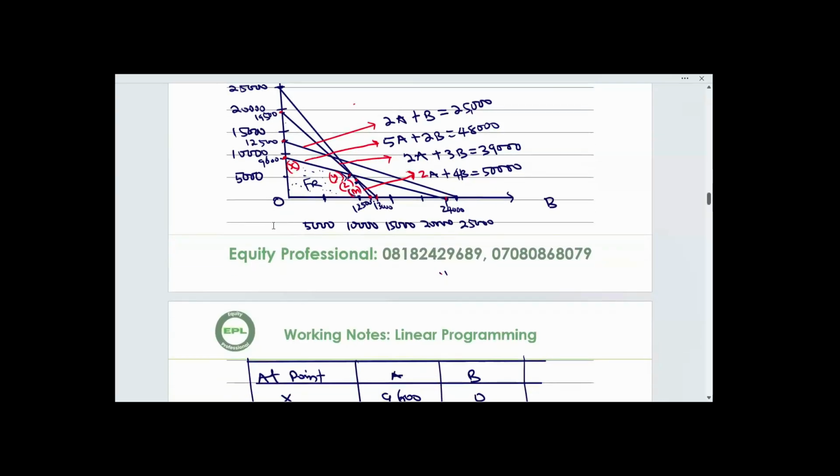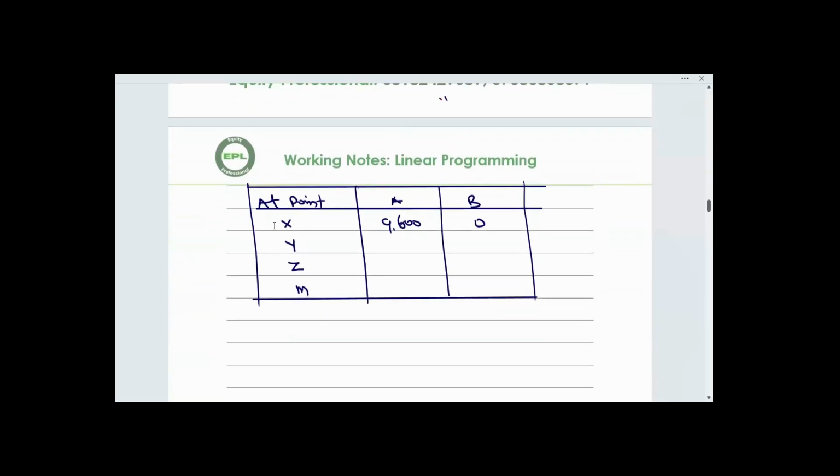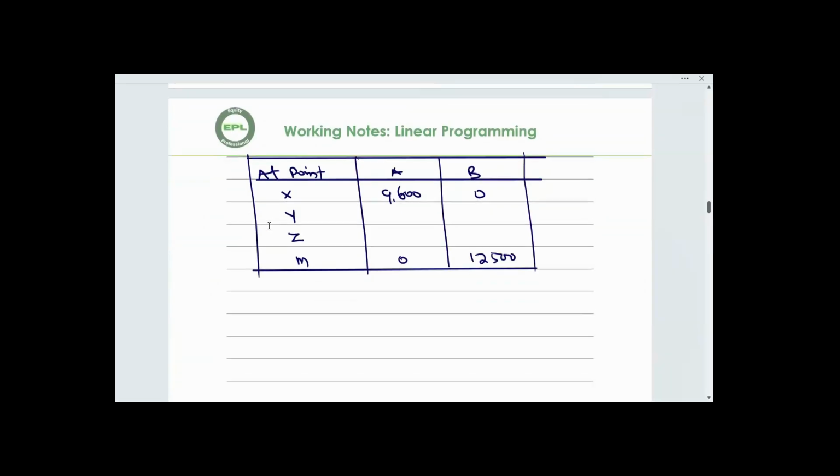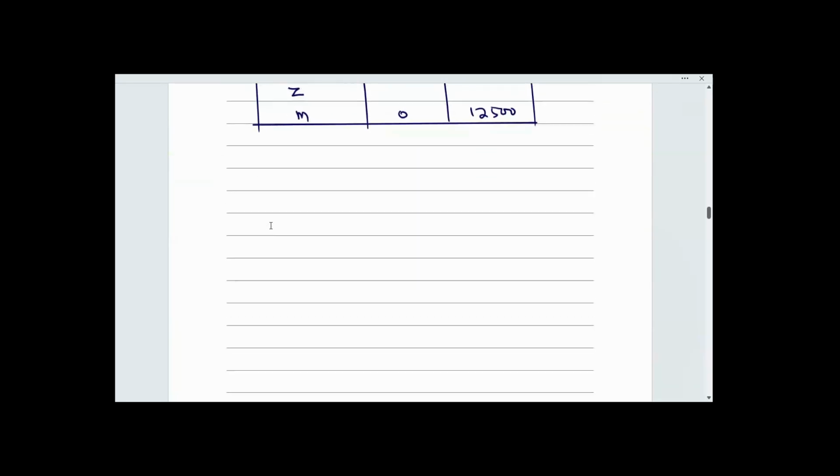But the last one, which is point M, A at point M is equal to 0. B at point M is equal to 12,500. So here is 0, here is 12,500. So we need to go and get value for A and B at points Y and Z.